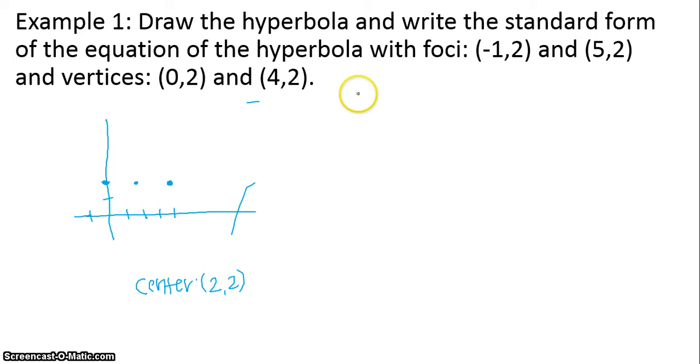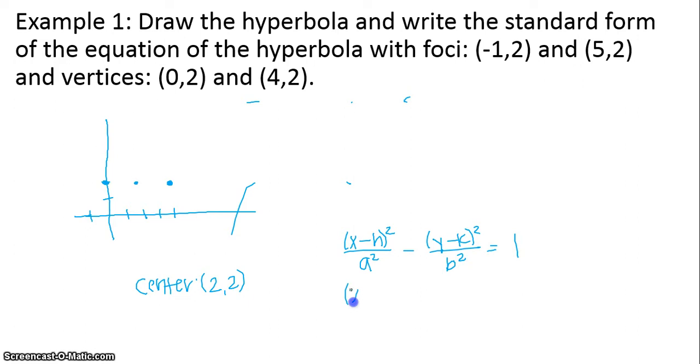So I need to figure out, since it's going towards the right and left, that's a horizontal transverse axis, so I'm going to have x minus h squared over a squared minus y minus k squared over b squared equals 1.